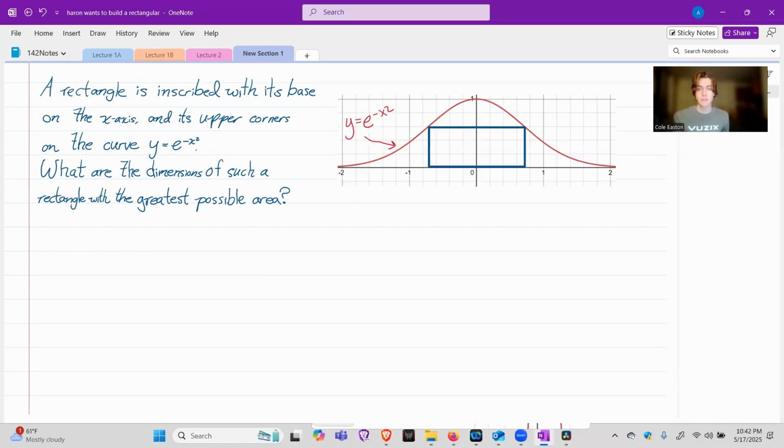Now it's tempting to say, let's take this here and make it X. So for example, if we wanted to make that bottom 2, then that would mean that we were going from -1 to 1.